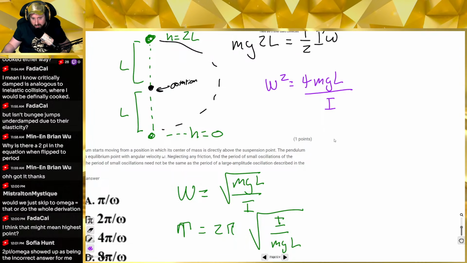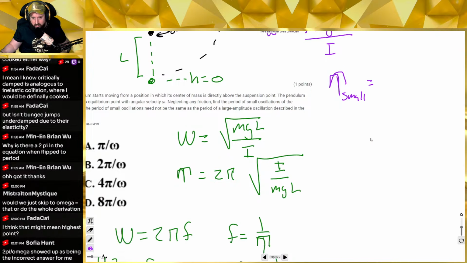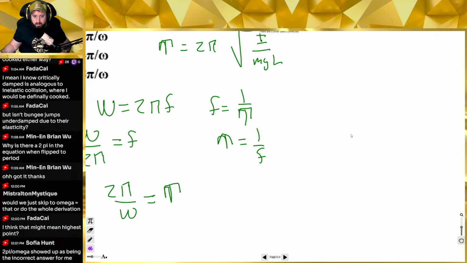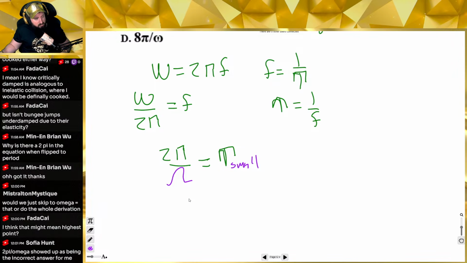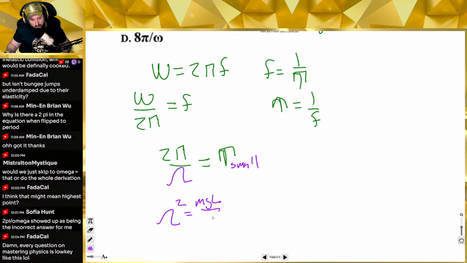And then they say that T small is equal to 2 pi over this new omega, where that squared equals mgl over I, but that equals omega squared over 4.